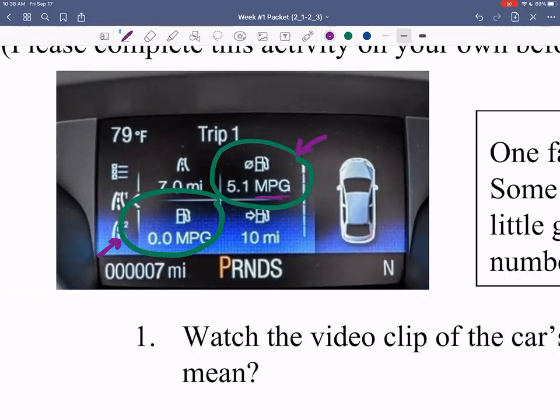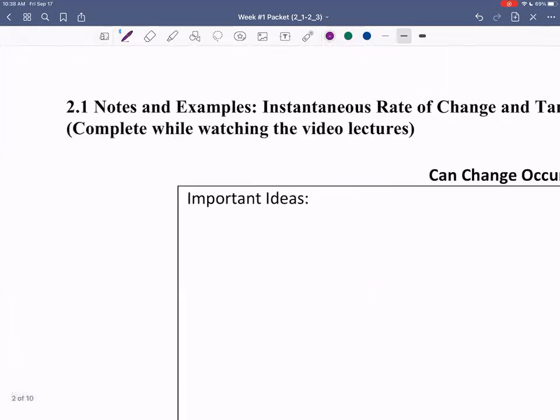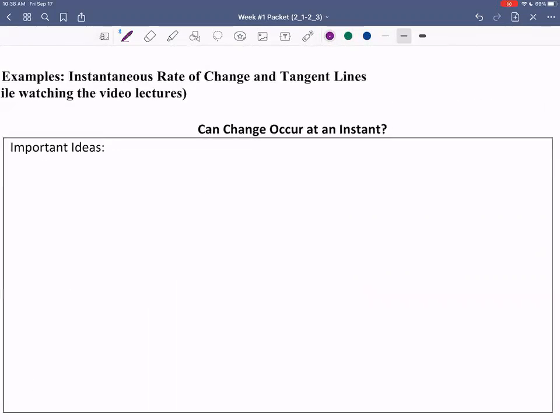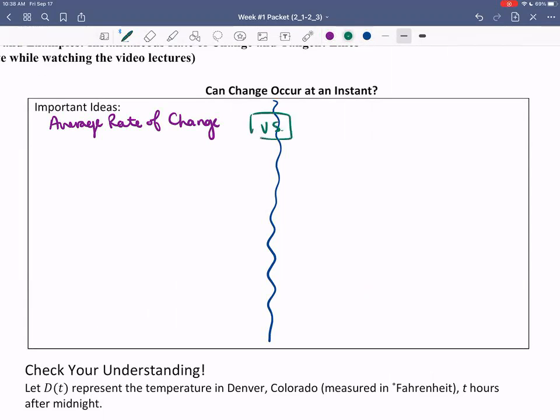And so again, this brings up that notion between long-term or average behavior and behavior at a moment, or instantaneous behavior. Those are the two important ideas that I want to emphasize in this first box. So that is average rate of change versus instantaneous rate of change.